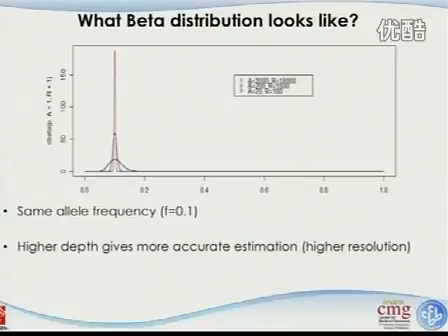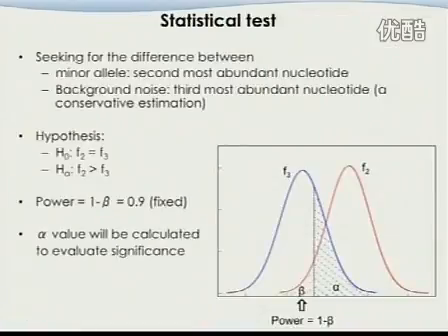Still make sense? Okay. Now we come to seeking the differences between the minor allele frequency and the background noise. It comes back to the original question: if there's a minor allele here, how am I convinced that it represents the real thing, not a sequencing error?